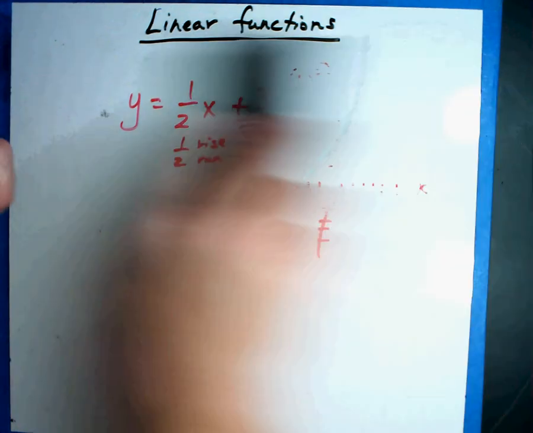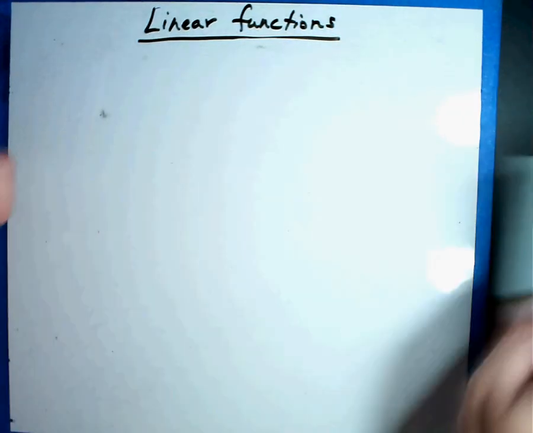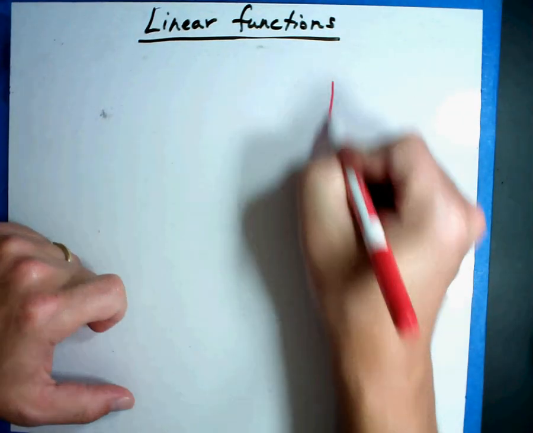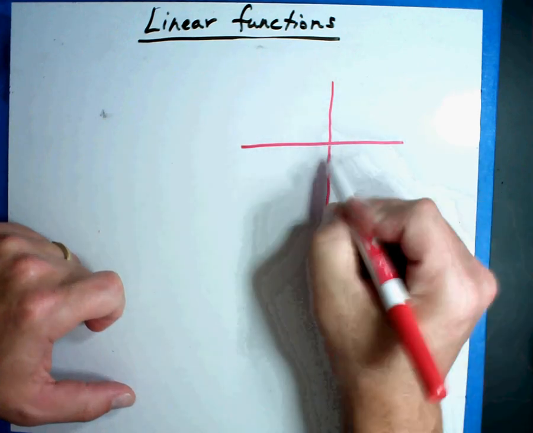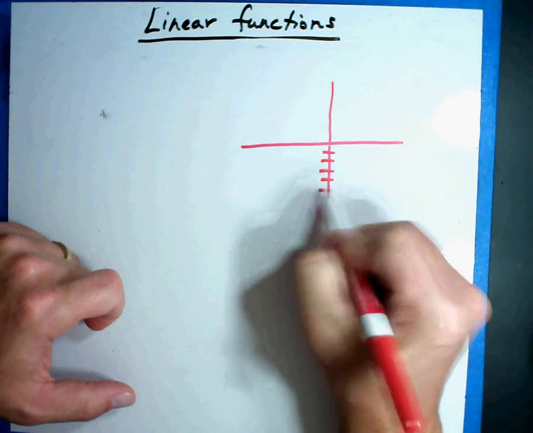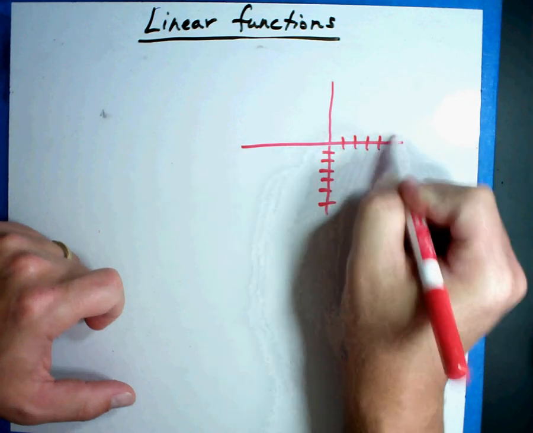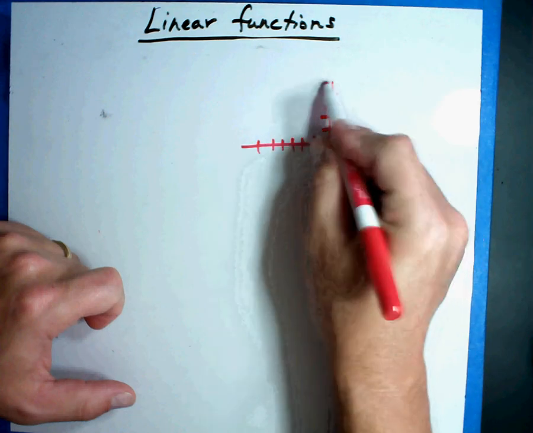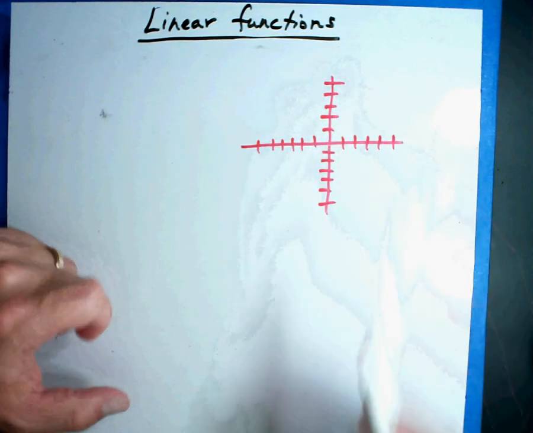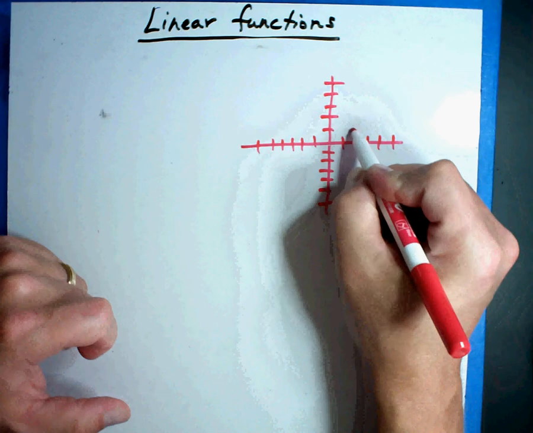Okay? But what happens if I have the opposite? Let me draw a graph real quick. And let's say that I have something like this. This is a real typical question. Let's say we had something like this.